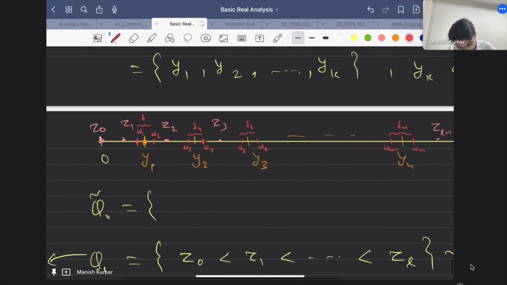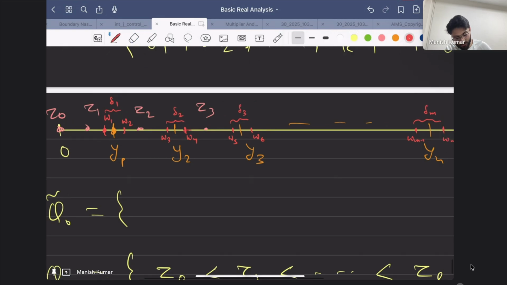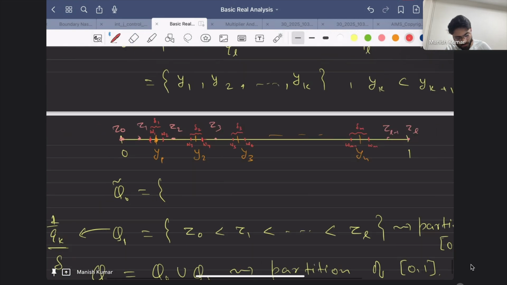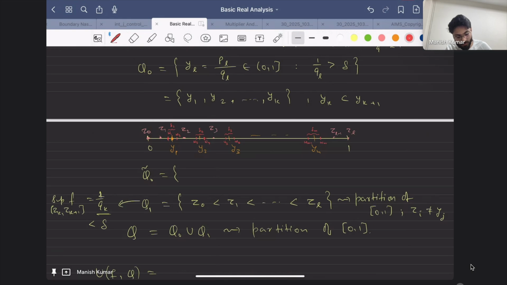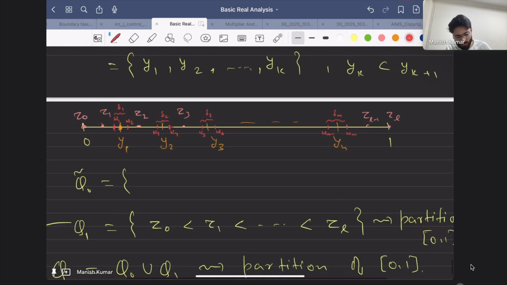Sir, you should have first proved this thing, sir. Which one? If y1, y2, y3, yk are some points in the closed interval [a, b], then we can enclose these points in small subintervals. We can always do this, right?